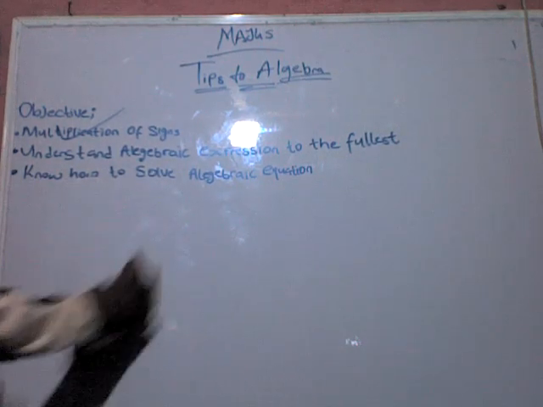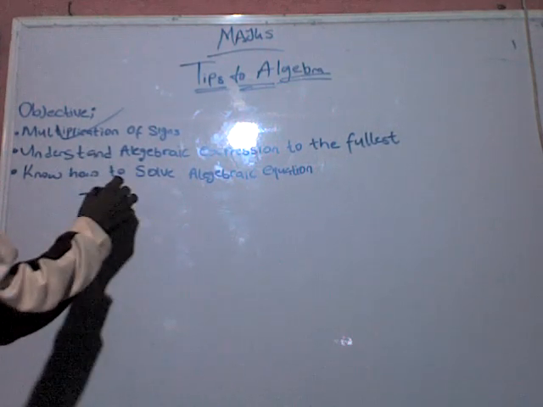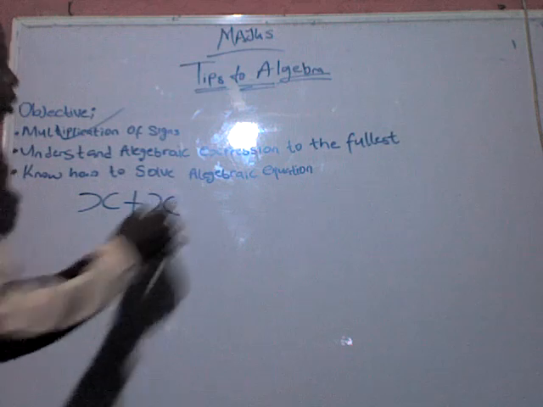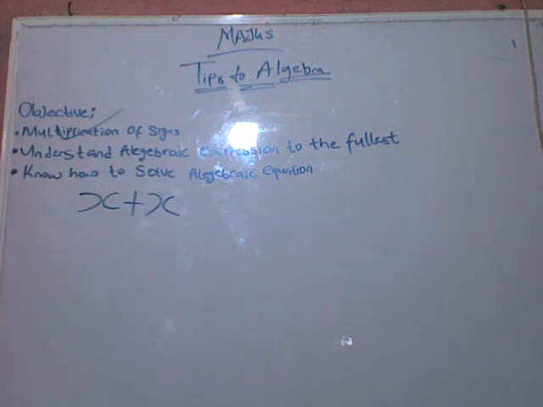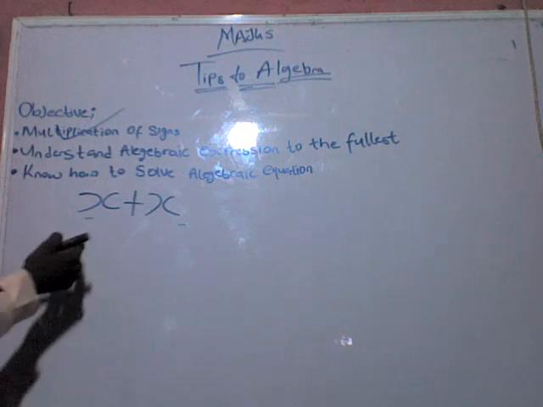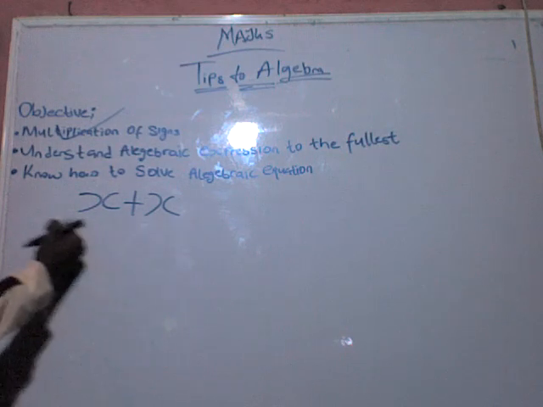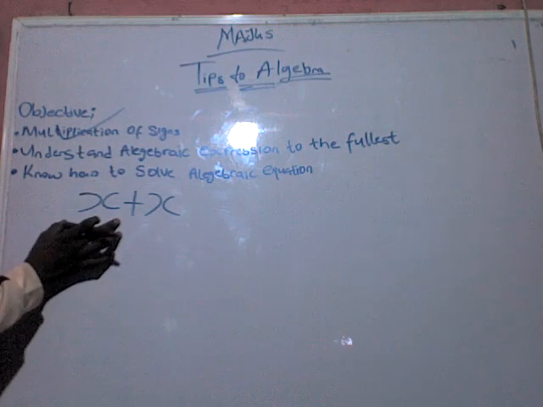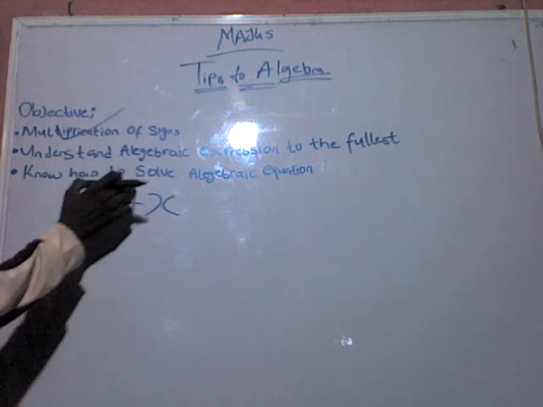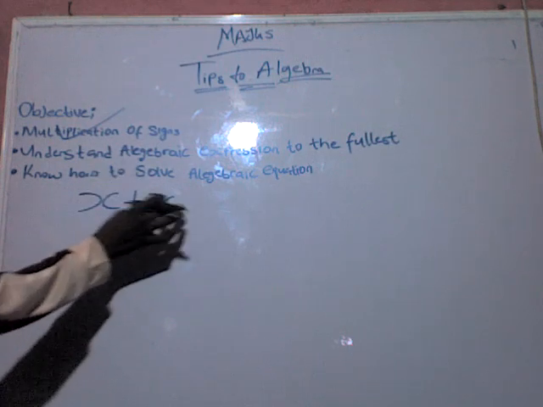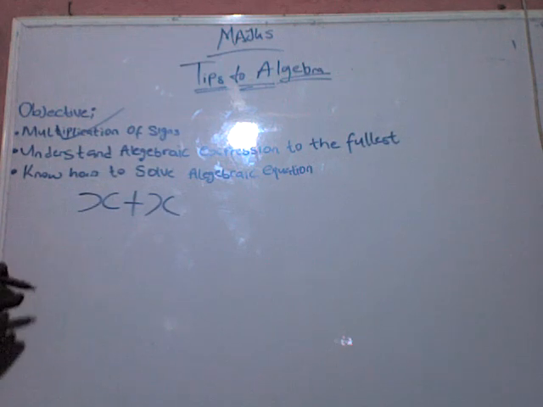Now, if we have x plus x, what should be our answer? First thing, they are families. That is, each side of the positive sign has the same variable.